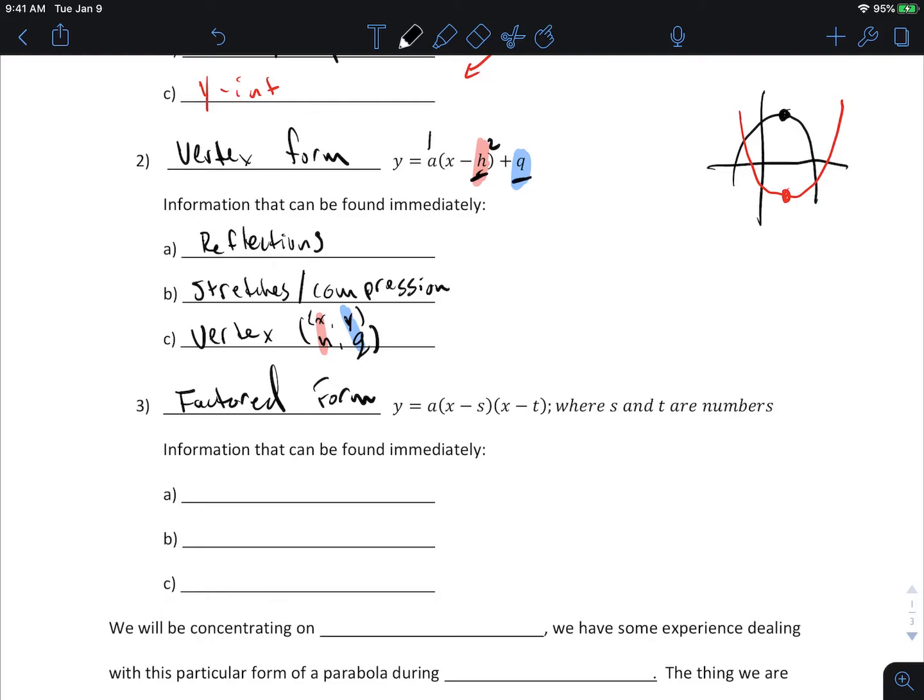And again, we can see the A value, so I can see reflections, stretches, compressions. And then there's one other thing I can tell. There are 4 different words that mean the same thing here.